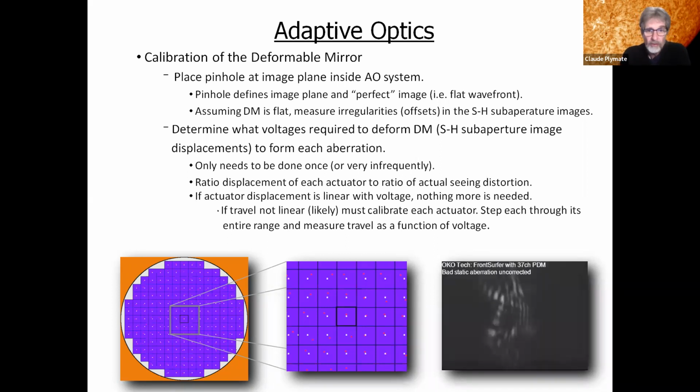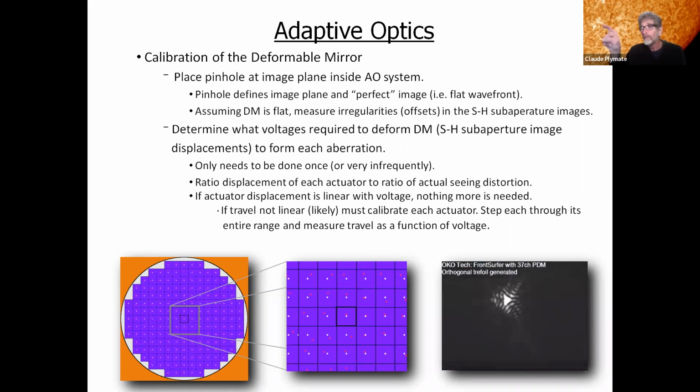And assuming that the DM is flat, from the manufacturer, then you will still, of course, probably see slight deviations from subaperture to subaperture where that pinhole actually is, but that would be due to manufacturing defects in the Shack-Hartmann array. Okay, well, all we have to do is say, well, this is a perfect image.